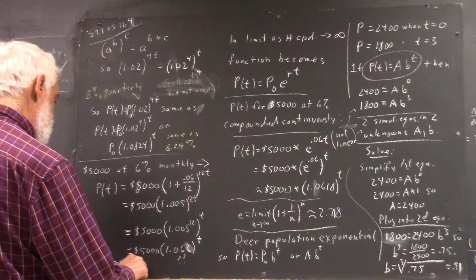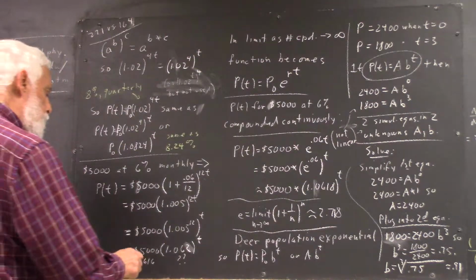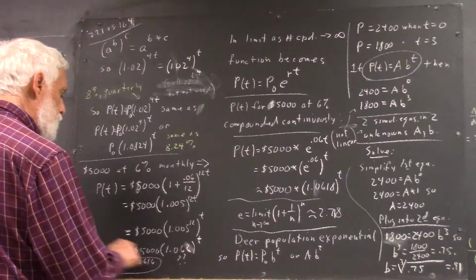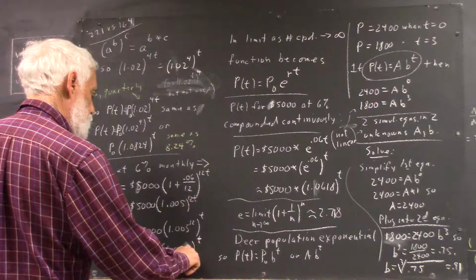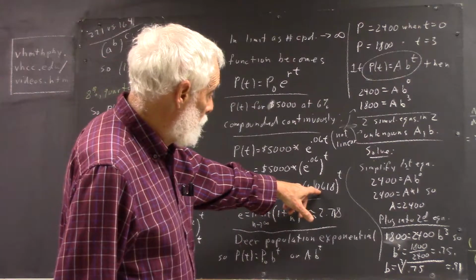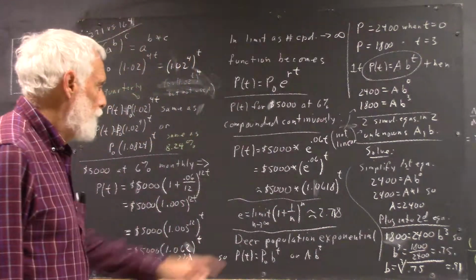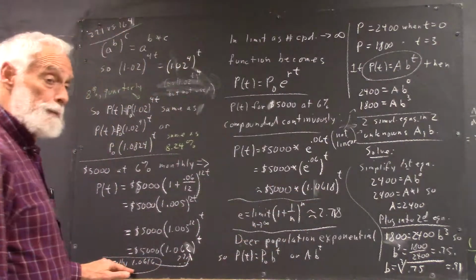Okay, now, this number over here was actually really something like 1.0616, and it rounded up to 1.062. This also rounds up to 1.062, but it's a little higher than this one.